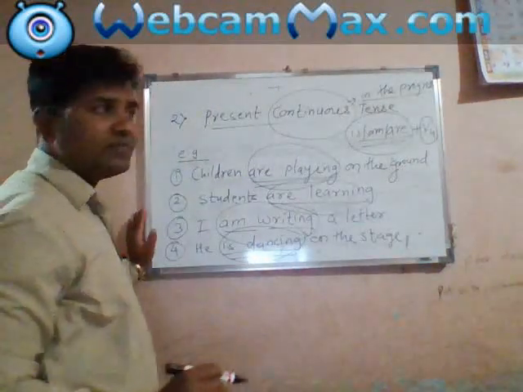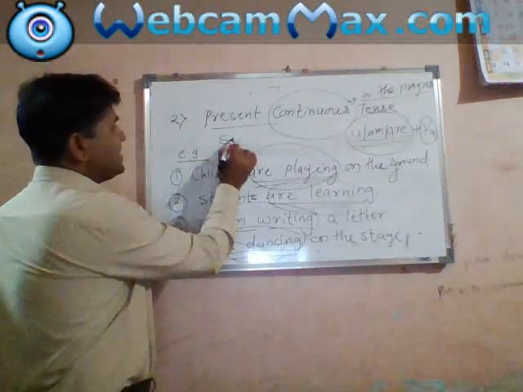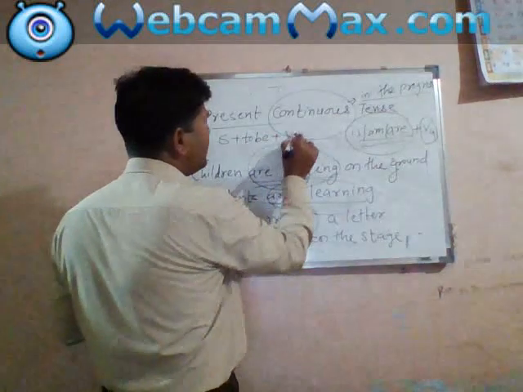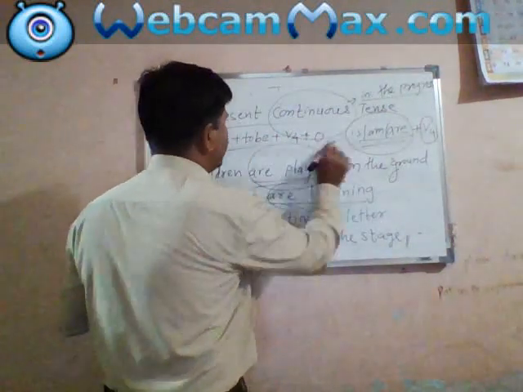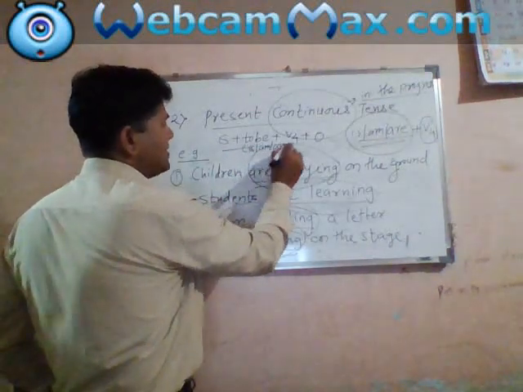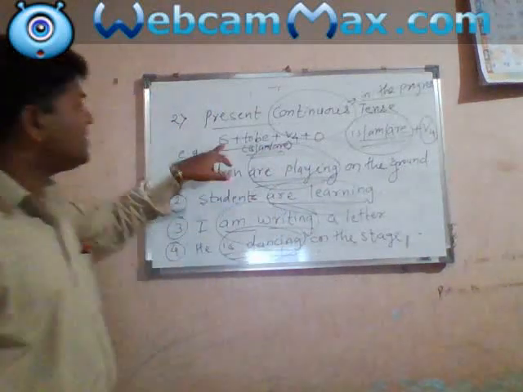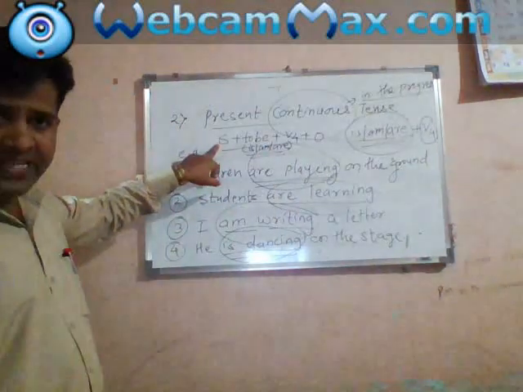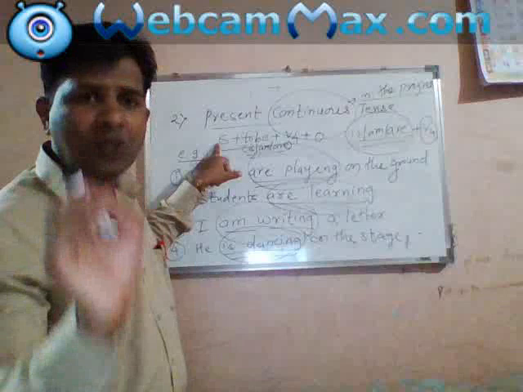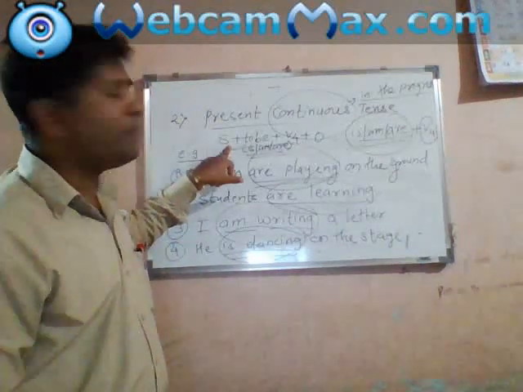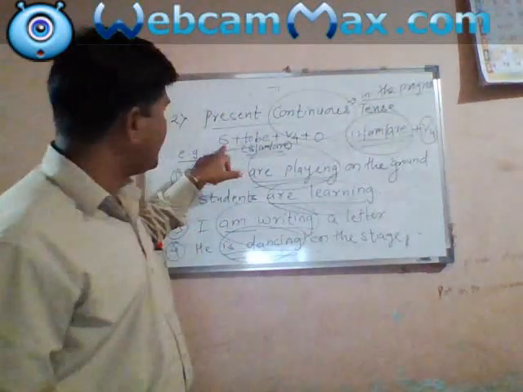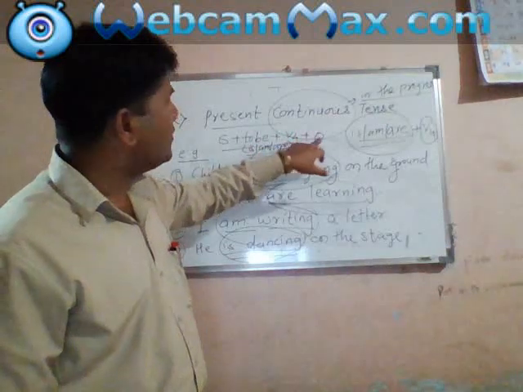So the pattern of the sentence is subject plus to be plus V4 plus object. Okay, and to be means is, am, are. Now you see here, in the simple present, the pattern of the sentence is subject plus V1 plus object, and here the pattern of the sentence in present continuous tense is subject plus to be plus V4 plus object.